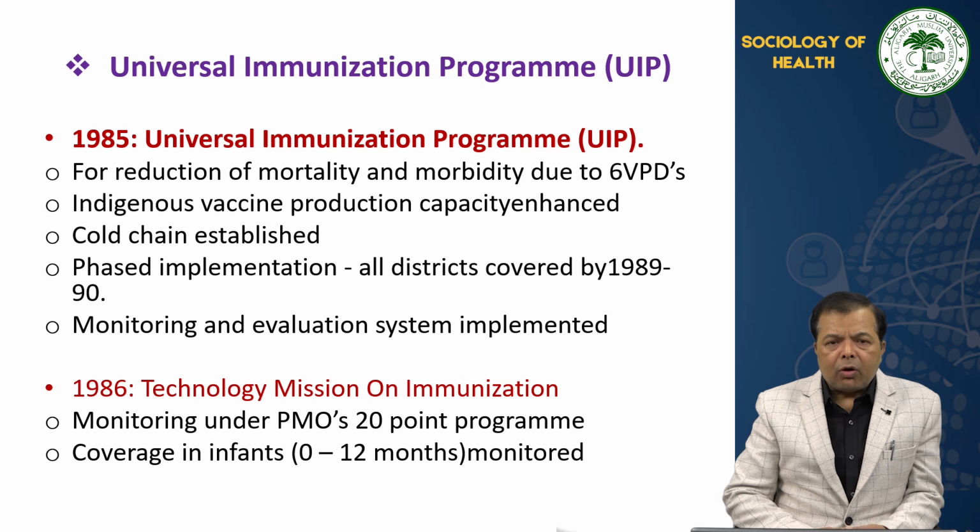Then we need to talk about the universal immunization program, but we have already understood how these vaccines became part of the immunization program. So we will talk about only certain numbers, facts, and years. In 1985, the universal immunization program got started.